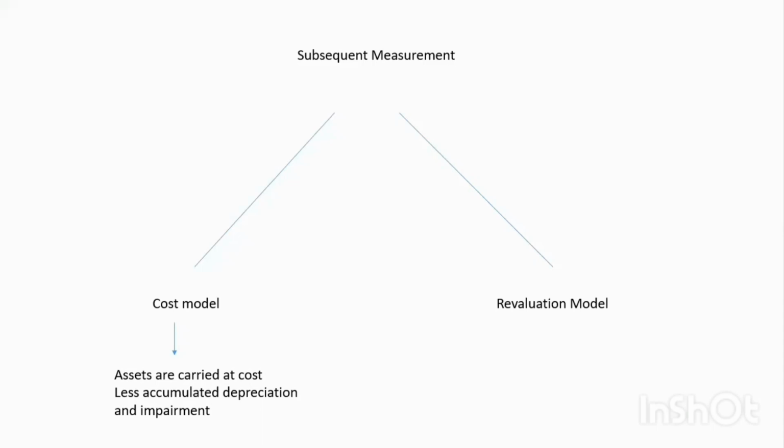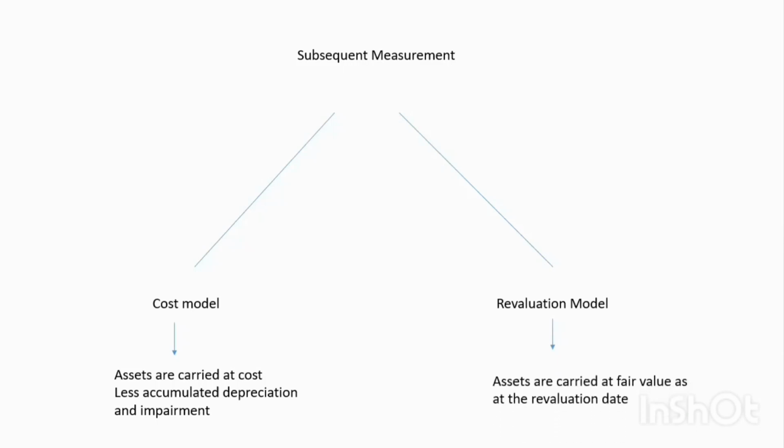When using the cost model, your asset will be presented on the statements of financial position at cost, less accumulated depreciation, and impairments. So you are carrying the asset at their net book value. Let me just use that word, the net book value of the asset. If there are any impairment losses, that will also be deducted.